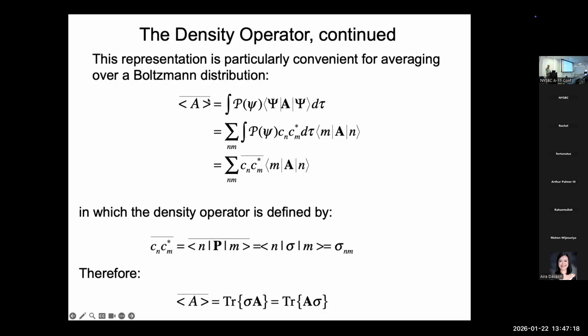So here the horizontal bar means average over the Boltzmann distribution. So then I need to know the Boltzmann probability of each state of the system. Each wave function now has a different probability in order to satisfy the Boltzmann distribution. I substitute in what I just wrote down.